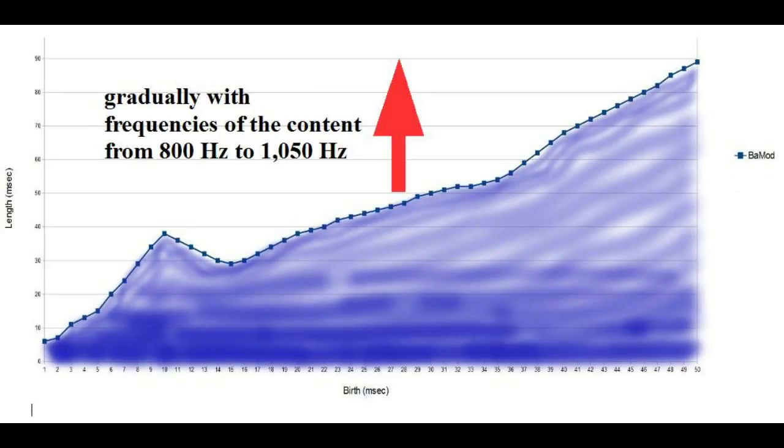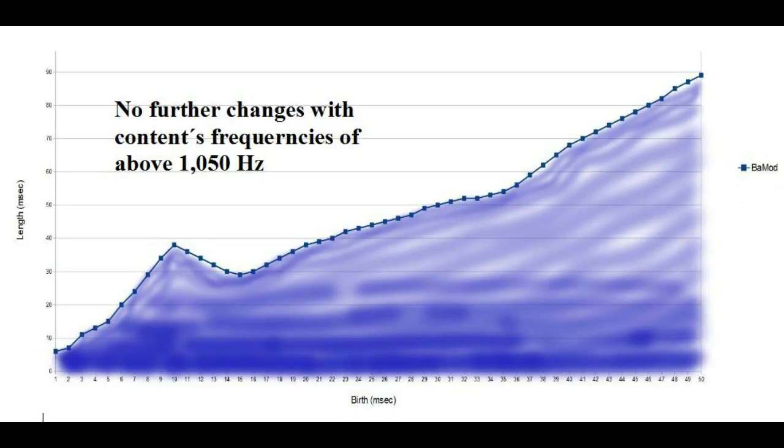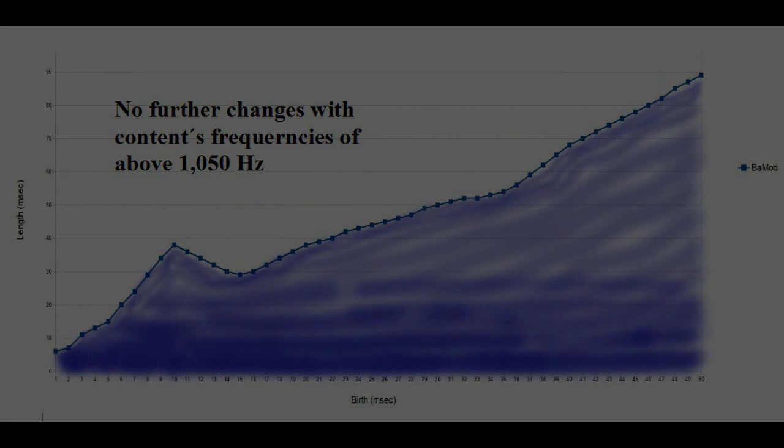But increasing the content's frequency up to slightly above 1 kHz makes the borderline go up to higher grain lengths again, so that it doesn't need very short grains to hear amplitude modulation. And then, with content frequencies of far above 1000 Hz, there is no change of this borderline anymore.